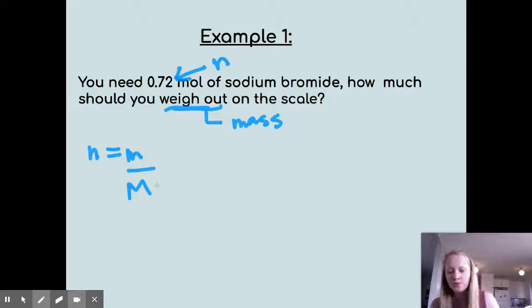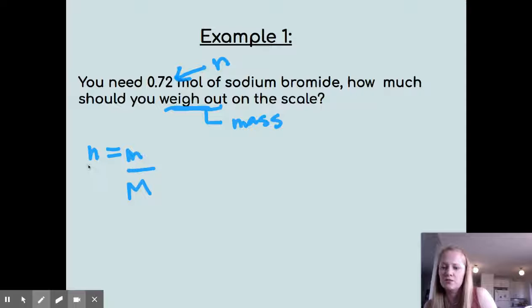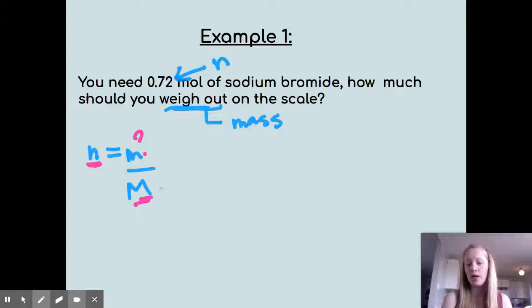If I was looking at this formula, I would say, okay, I was given this, and I am looking for this. Well, what is big M? In order to solve this question, we need two known things because we have one unknown. Molar mass we can always find out once we know what we are dealing with in regards to a compound.